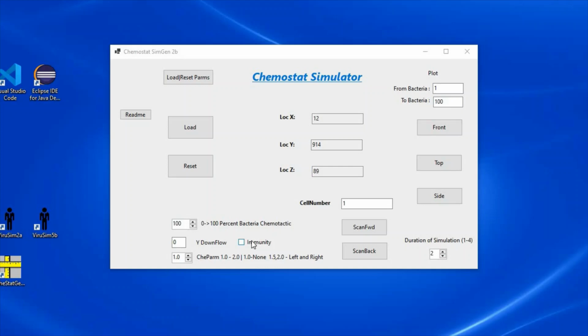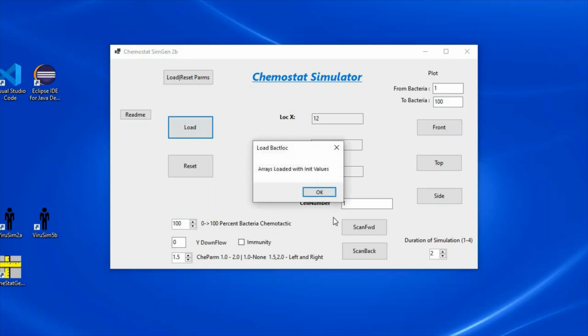Immunity is the ability of the host to kill some of the bacteria. Then we have chemotaxis parameter, which there was no parameter when it was 1.0. When the parameter goes up to 1.5, that means there's chemical which is emitted from the chemostat wall, which the bacteria will swim towards.